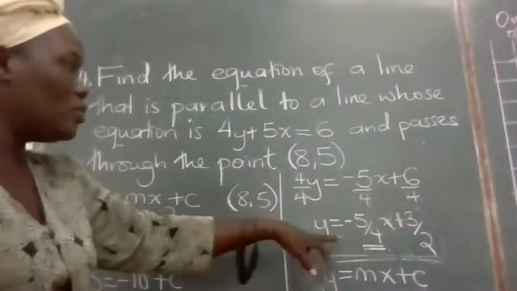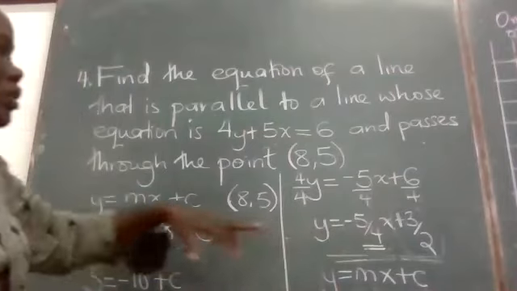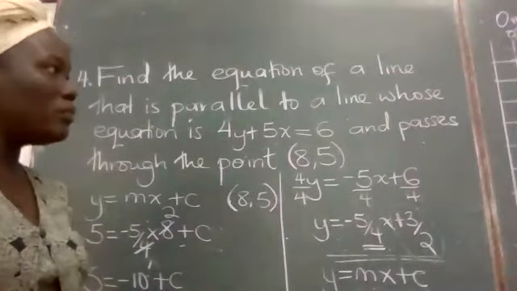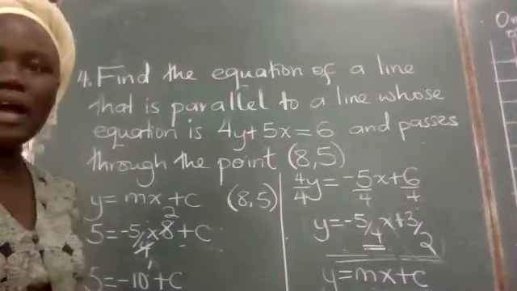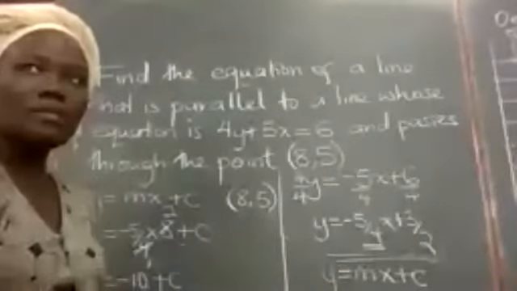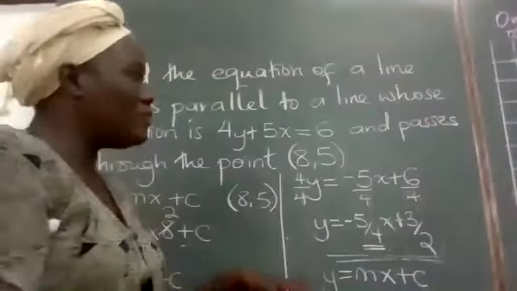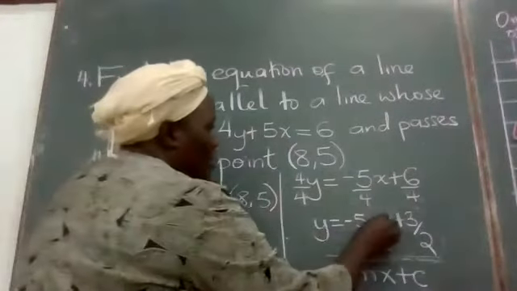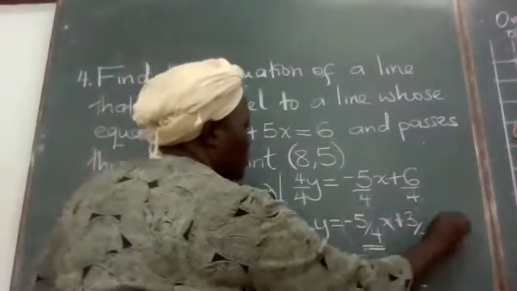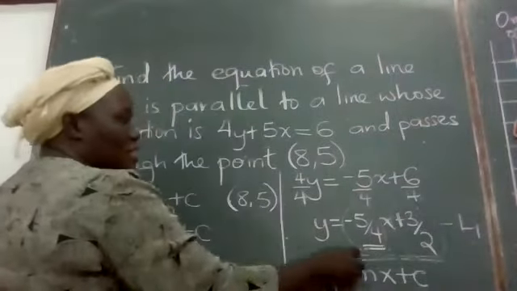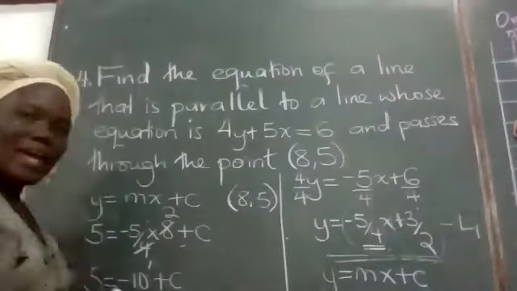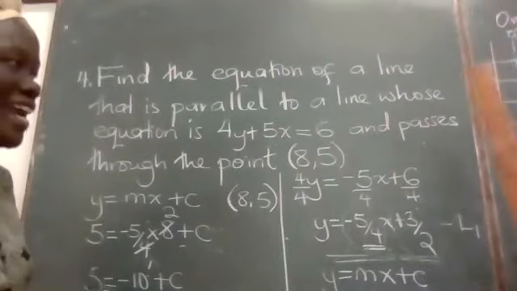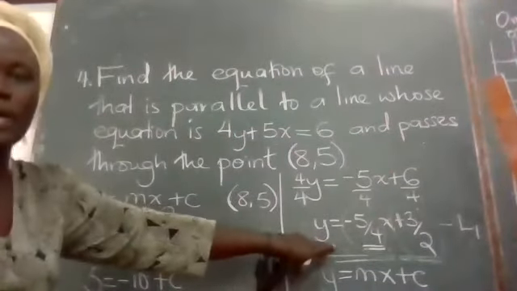So last time we discovered that parallel lines have the same gradient. So this is the gradient of the first line, L1. If this is L1, this is its gradient. I'm required to find the equation of another line that is parallel to this one.